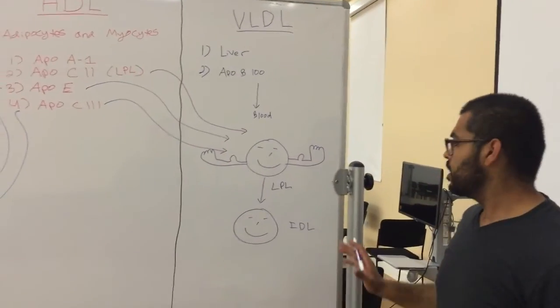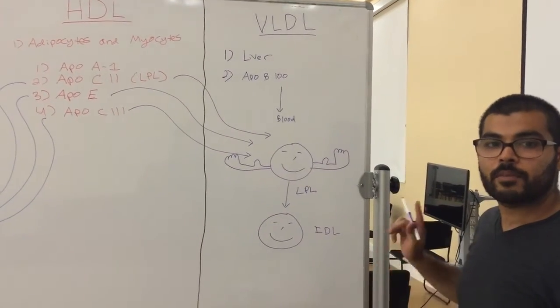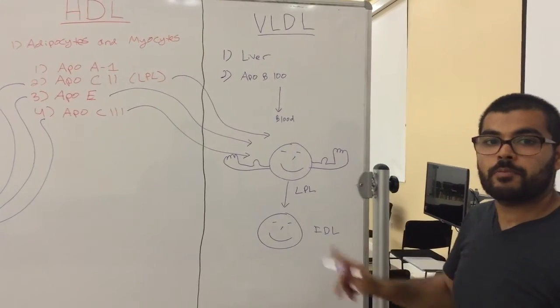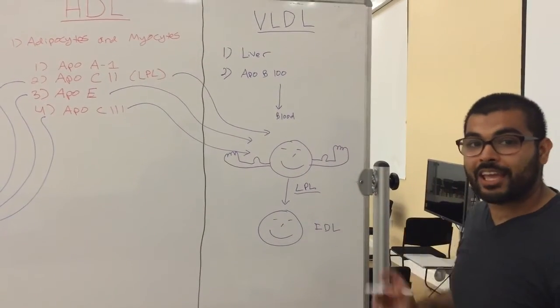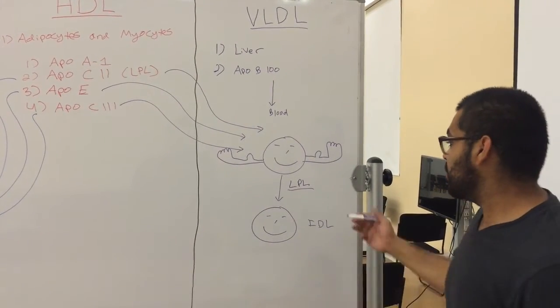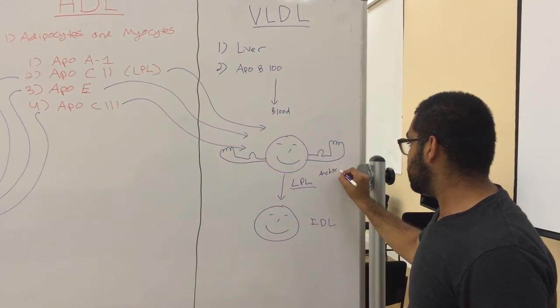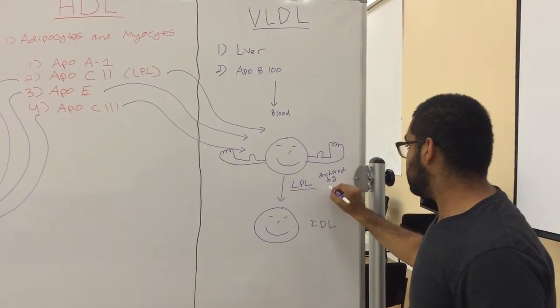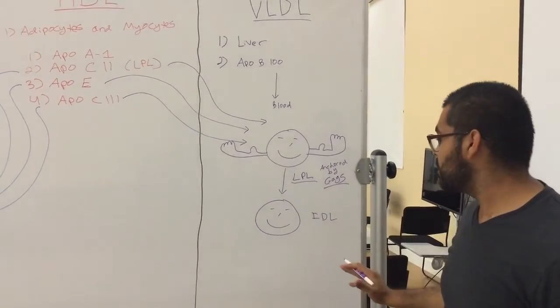Once again, remember that LPL is activated by ApoC2 and inhibited by ApoC3. Also, I forgot to mention, LPL is anchored in your blood vessels. By what? By GAGs. Okay? So these guys are anchored by GAGs. Keep that in mind.